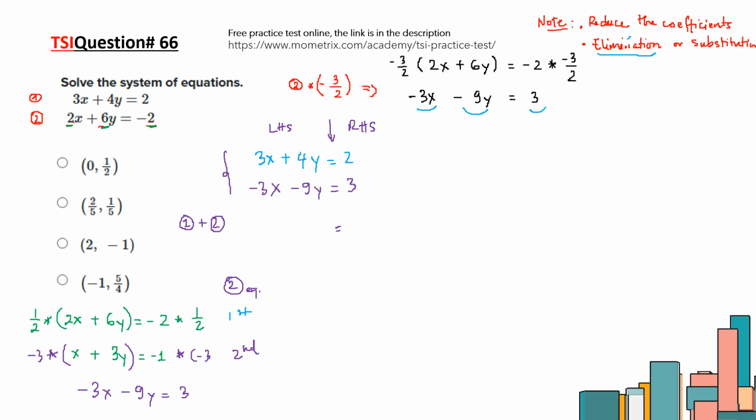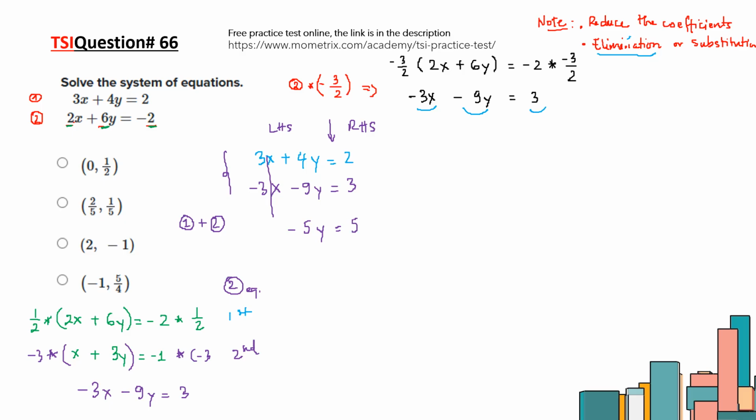So we have 4y minus 9y is -5y. You see that I do it by the columns, so this is gone. That's 0, we don't write 0, so it's just gone. So we have 4y minus 9y is -5y. Then on the right hand side we have 2 and 3 is 5.